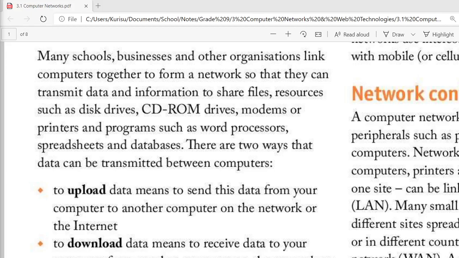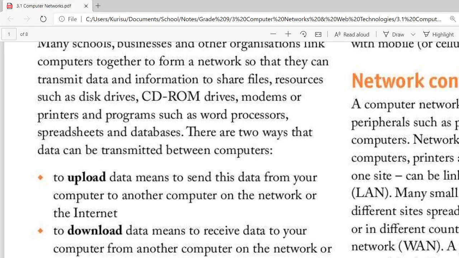So another two terms that you should take note of are upload and download. Most of you should have heard these terms before, especially if you use YouTube. Upload refers to sending data or transmitting data from your device to another device. So for example, you have your phone and you may have, say for instance, a song on it, and you are sending that song, that file, to maybe another phone or to a computer somewhere.